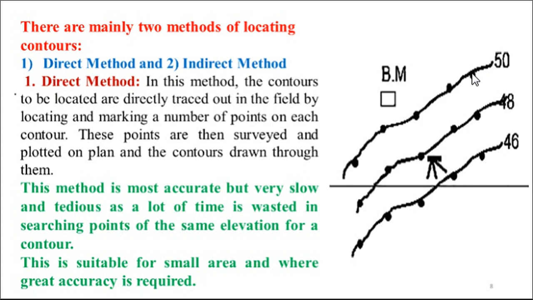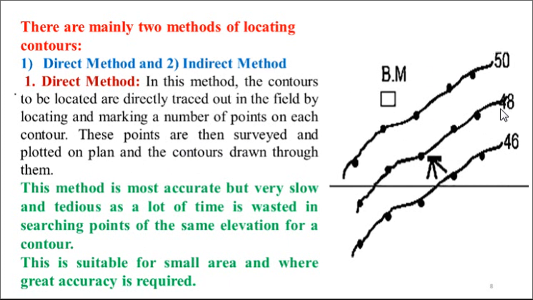One point will be over here, second, third, fourth, fifth and so on. Then we can draw one line. This is called the contour line having a reduced level of 50 meters. These points are then surveyed and plotted on the plan and the contour drawn through them. In this way we can draw the contour.